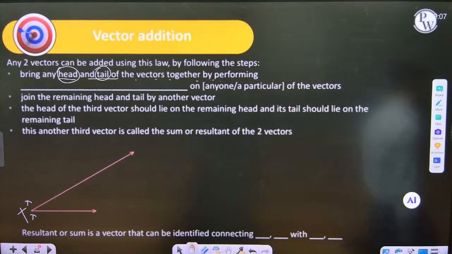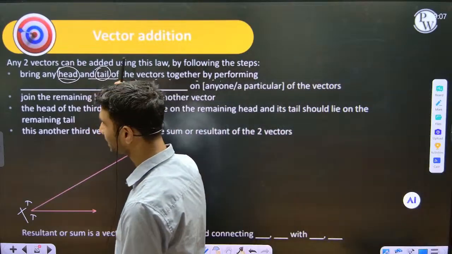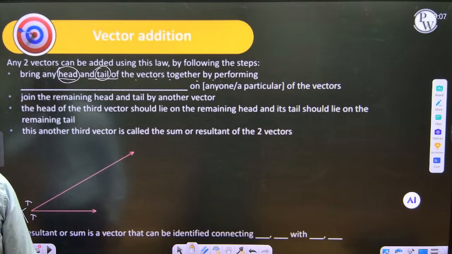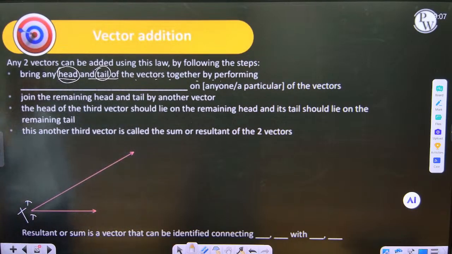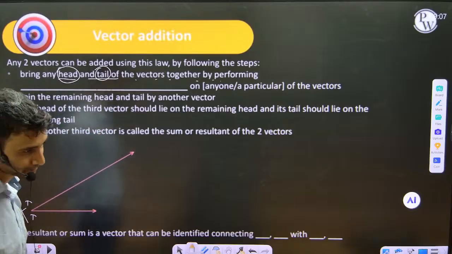What I want is head and tail. Any head, that will do. Any head, any tail, but it has to be head and tail. It can't be tail and tail, right? So bring any head and tail together.